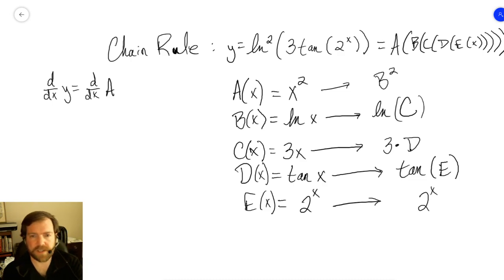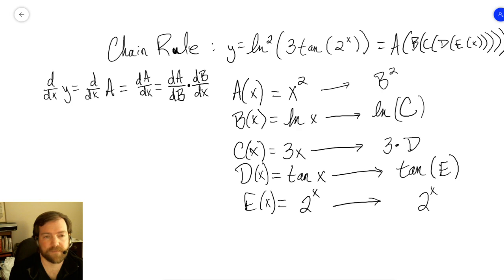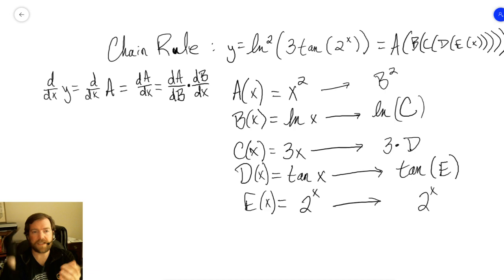So we're going to say that this is not going to help. What's going to help is if we break the derivative of A with respect to x into the derivative of A with respect to B times the derivative of B with respect to x. So essentially what we've done is introduce a dB/dB and then shifted where our variables are going to be used.